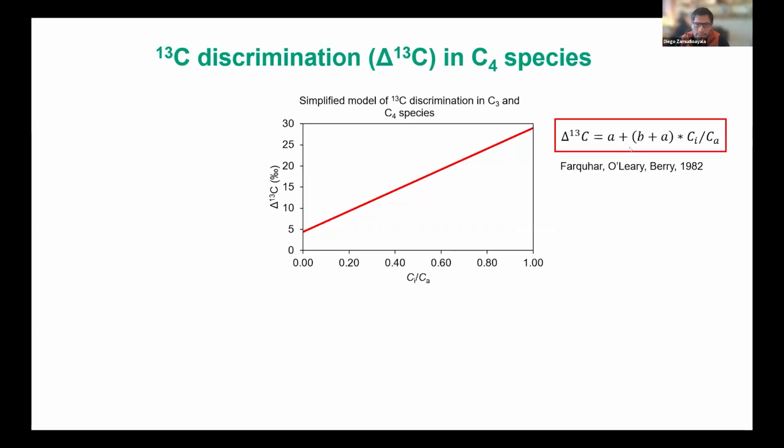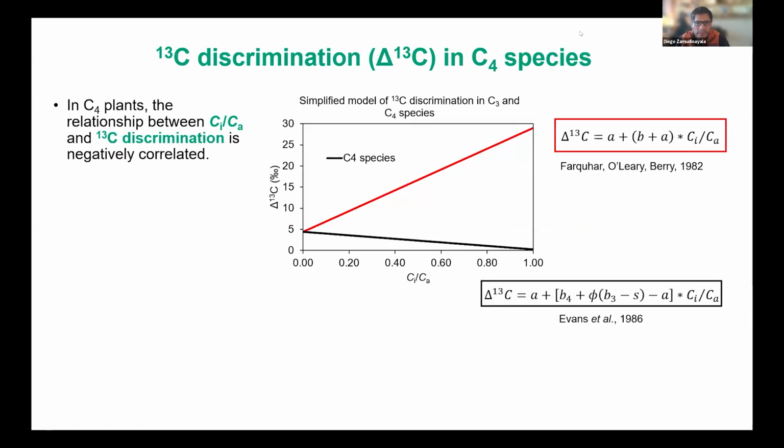As we observed before, in the case of C3 species, we know that carbon-13 discrimination is positively correlated with Ci over Ca. While in the case of C4 species, we observe that the relationship between Ci over Ca and carbon-13 discrimination is negatively correlated.